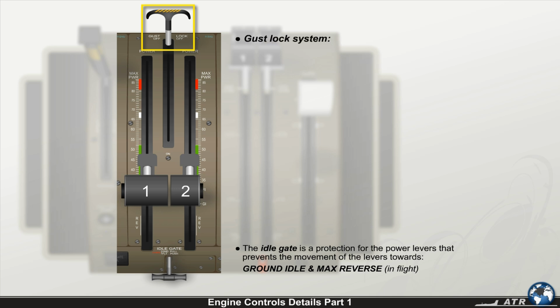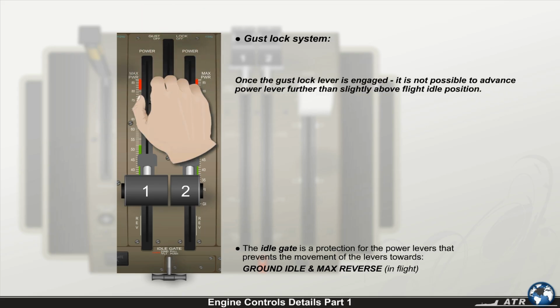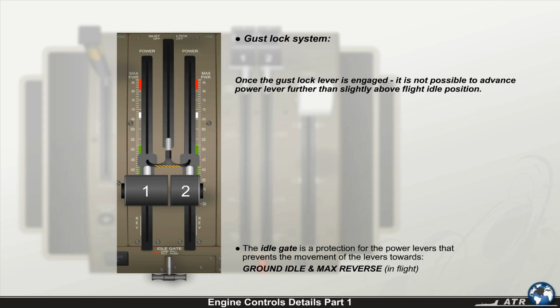A gust lock system is installed forward of the power levers. Once the gust lock lever is engaged, it's not possible to advance either power lever further than slightly above flight idle position in order to prevent a takeoff with the flight controls locked and a high power setting when in hotel mode.